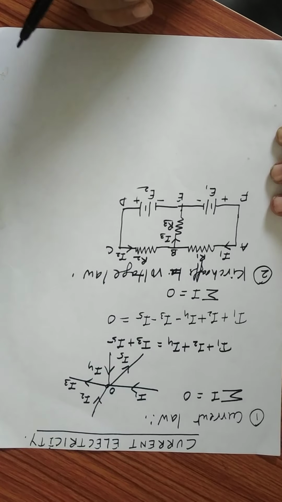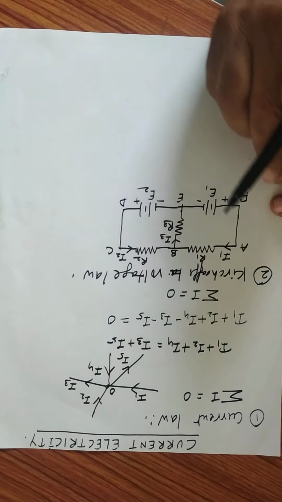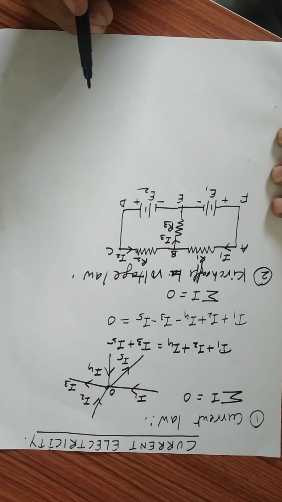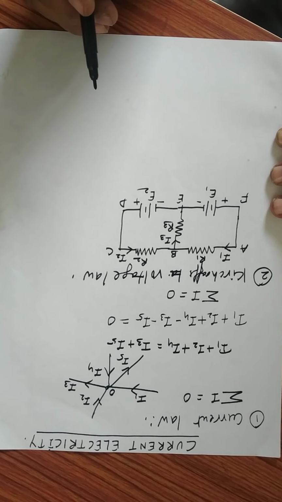Now according to the voltage law, in a closed loop of an electric circuit, the algebraic summation of the product of resistance and current is equal to the algebraic summation of the EMF in the loop.